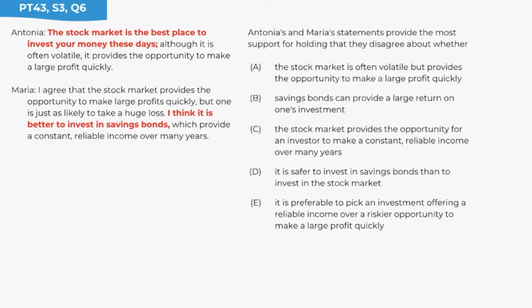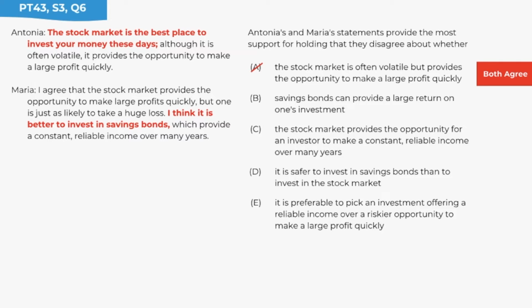A says that the stock market is often volatile, but provides the opportunity to make a large profit quickly. Well, in this case, they both agree with this idea. Antonio says, although it is often volatile, it provides the opportunity to make a large profit quickly. And Maria says, I agree that the stock market provides the opportunity to make large profits quickly. So answer choice A is something that they would both agree with, and so it's not the pointed issue.